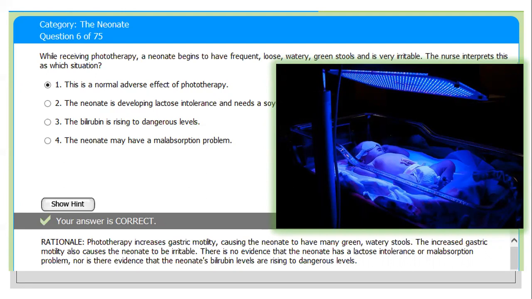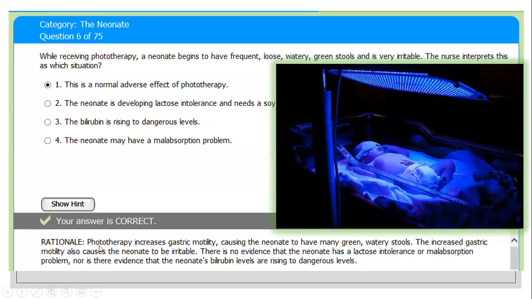So what are the underlying causes of jaundice? It is caused by too much bilirubin in the blood. And bilirubin is a yellow substance found in blood cells. So phototherapy is a treatment.